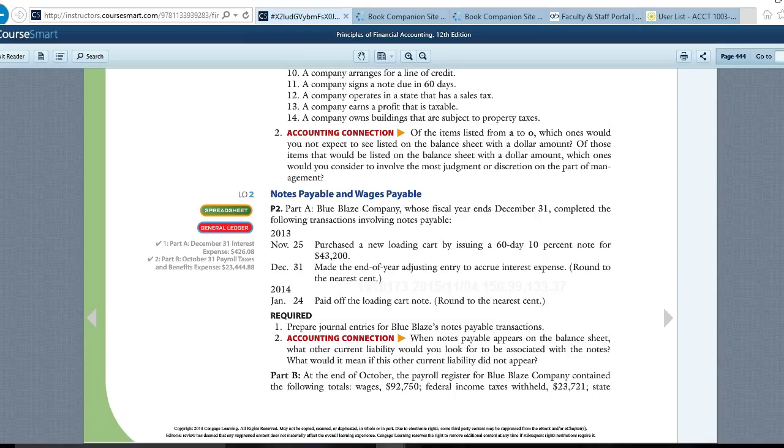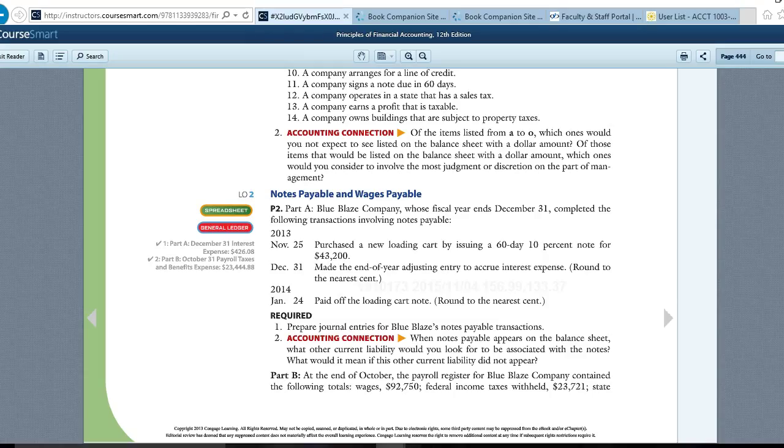On November 25th, purchased a new loading cart by issuing a 60-day 10% note for $43,200.